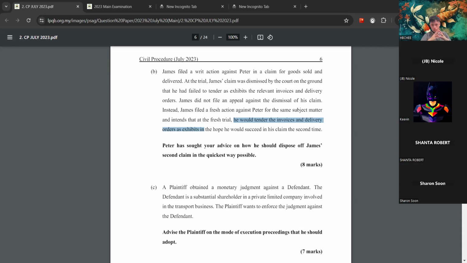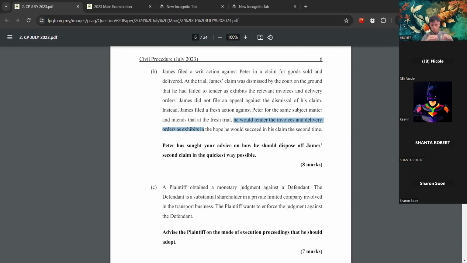So how are you going to answer this question is that firstly you have to write out striking of pleadings, because the first thing is you have to explain what are the elements in Order 18 Rule 19. When you have listed out the criteria, then you can make your conclusion.